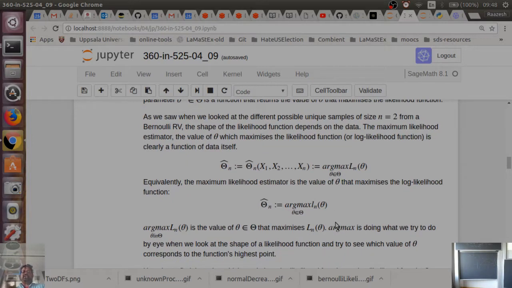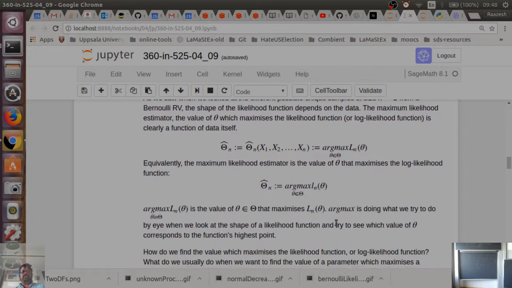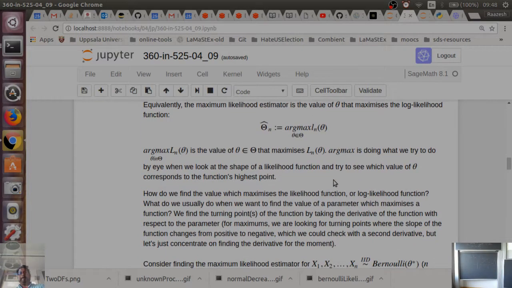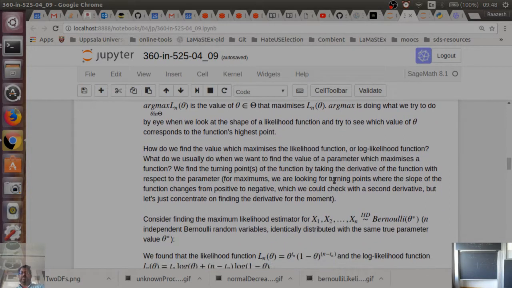So it was 0.3 in our world because that's where the likelihood function peaked. And because of the monotonicity, it's also the argmax of the logarithm, the log likelihood function. So they're the same.